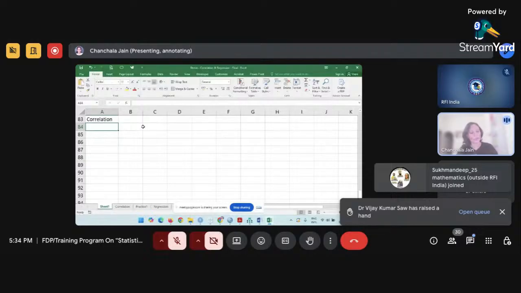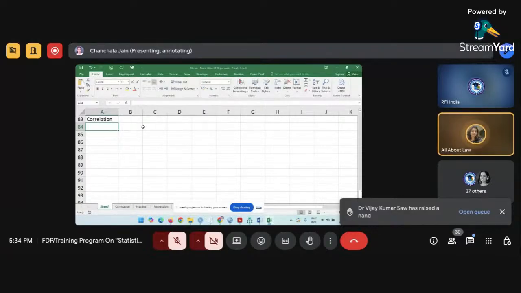So I think anyone can tell me, what do you mean by correlation? Ma'am, co means two, so correlation will tell us about the relationship between two variables. Ma'am, this is CS Nidhi. Thank you so much, Nidhi ma'am. So ma'am said co means two, but co means between, right?